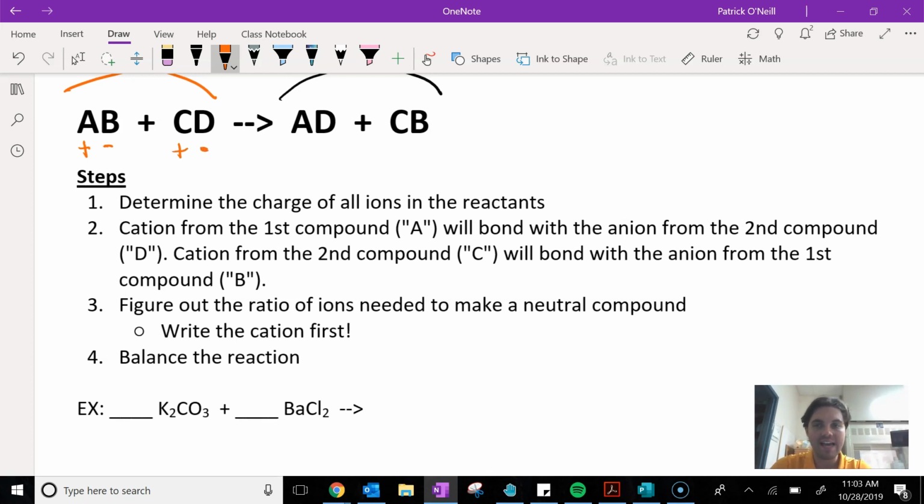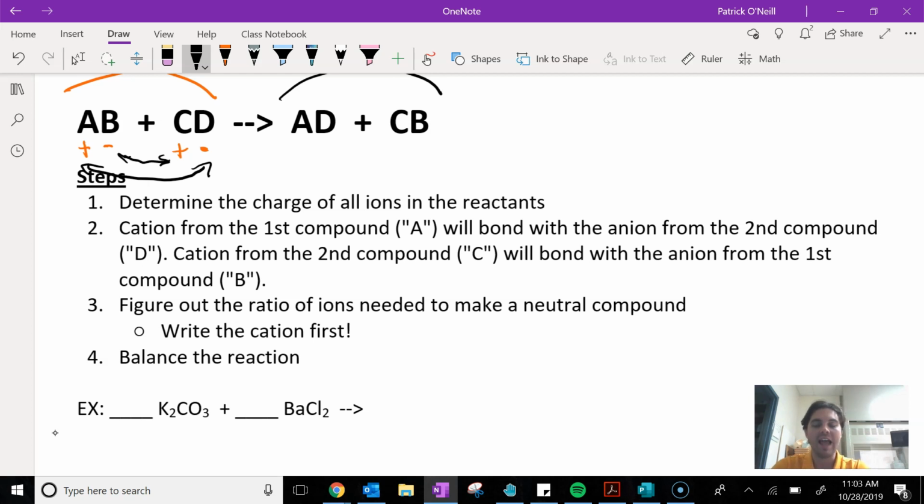So essentially the cation from the first one is pairing up with the anion from the second one, and the cation from the second one is going to be pairing up with the anion from the first one. That's essentially the basis for what's going to be happening in all of these.